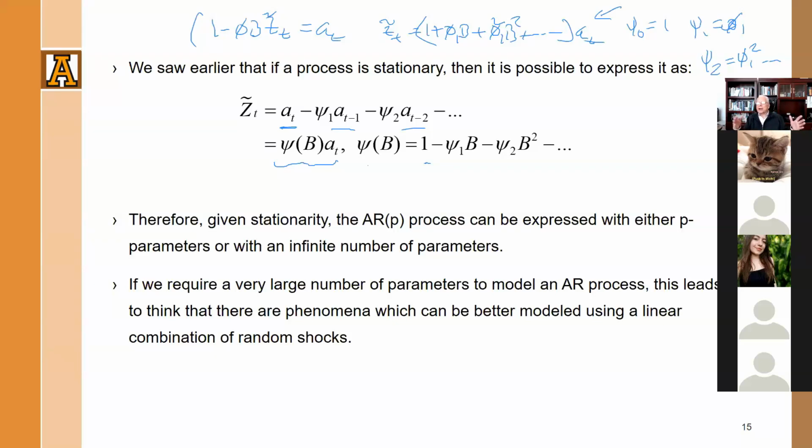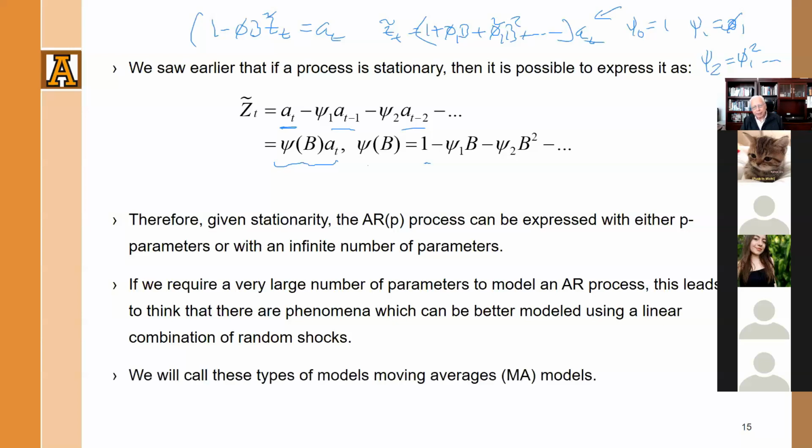So if p is very large, I may find another model with far fewer parameters, just a linear combination of present and past white noise, and that gives rise to the moving average models. Those are the ones that we're going to study after these AR models.